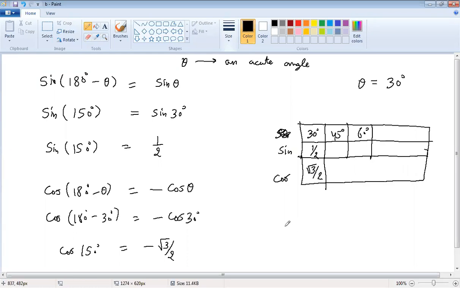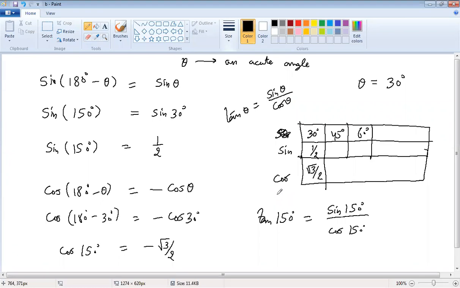And if we find tan of 150, that will be equal to sine 150 divided by cos 150. This formula you know, that tan theta can be written as sine theta divided by cos theta.